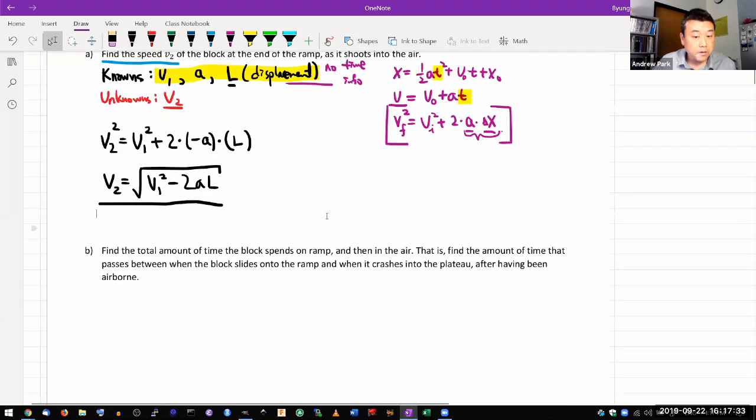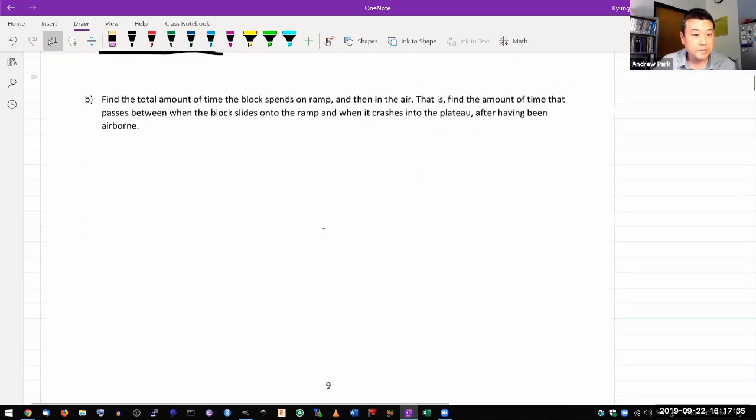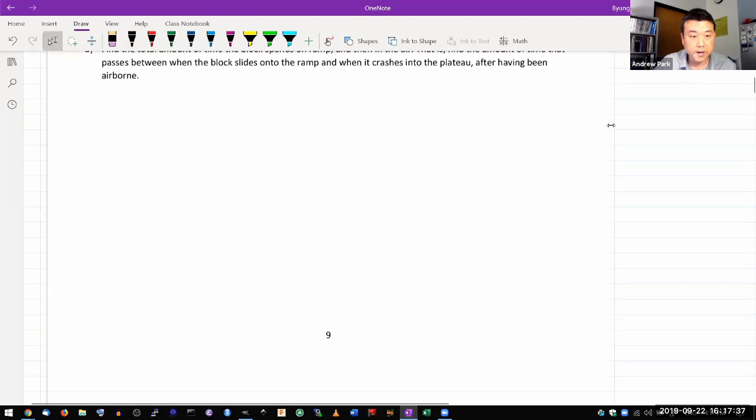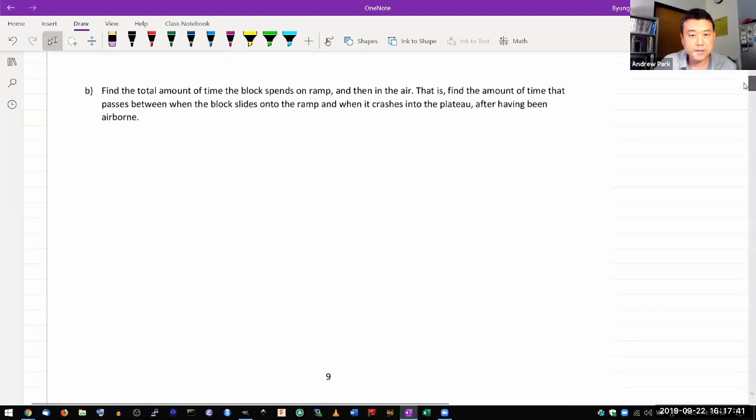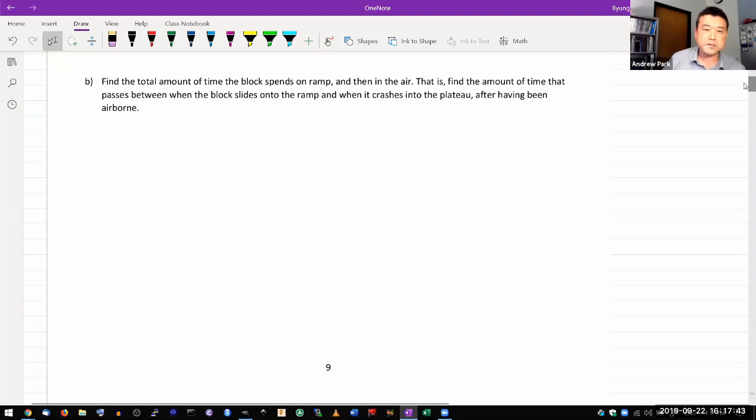And so part B asks, find the total amount of time the block spends on the ramp and then in the air. The phrasing there would make me consider breaking up this problem into two parts, because there's the time that the block spends on the ramp. That'll be one part.